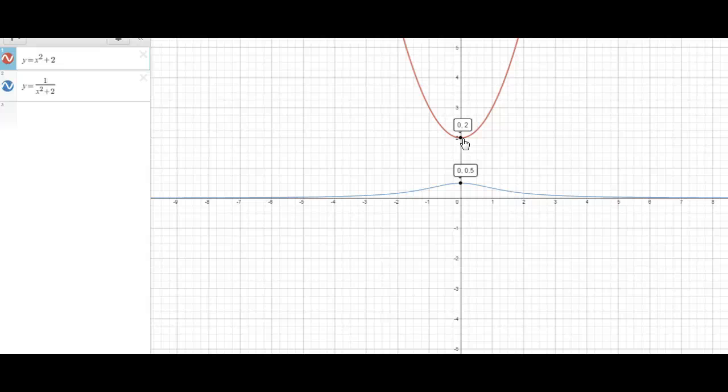Now, that idea of this shape, when you do calculus, you'll learn why it makes that particular shape, why it's shaped exactly the way that it is. For now, we can just take reciprocals of values.